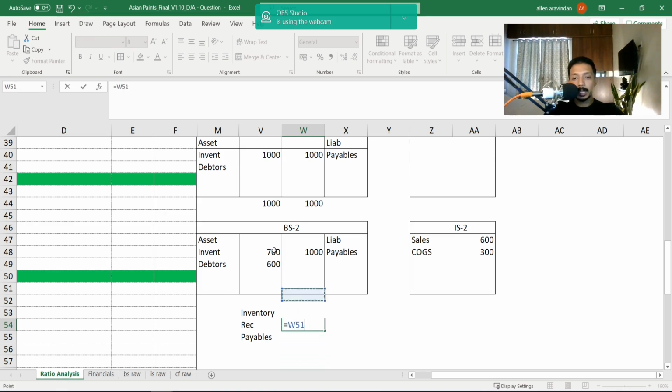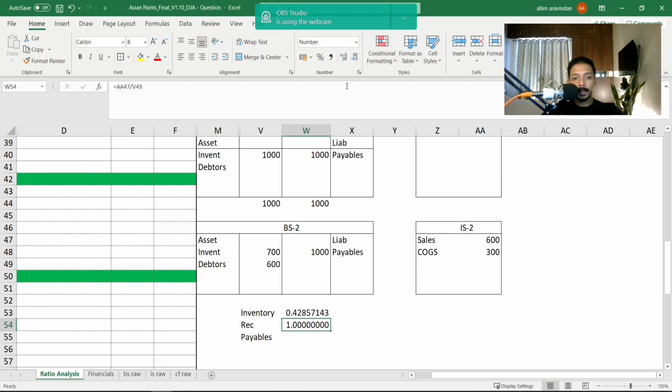Receivables: sales divided by debtors. So how many times is sales compared to the receivables? Out here what I've done is 600 divided by 600, so the entire thing is debtors. There's no cash.